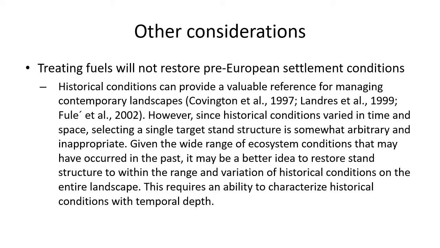For one, conditions were really variable across time and space, across different ecosystems, and if we just have one target that, okay, across this whole landscape we don't want active crown fire to be likely under the 95th percentile conditions, we're going to end up with a really homogeneous landscape where all those forests look the same, with significantly reduced bulk densities and increased canopy base heights. But that's not what those ecosystems looked like historically.